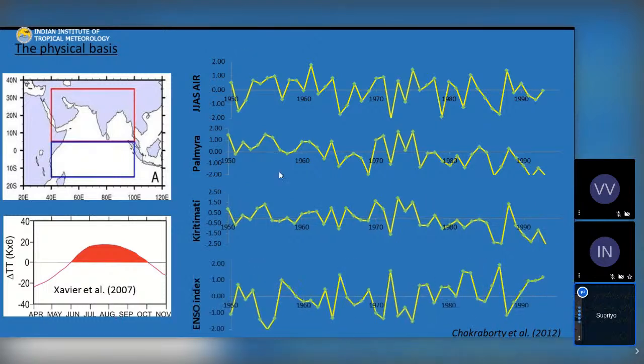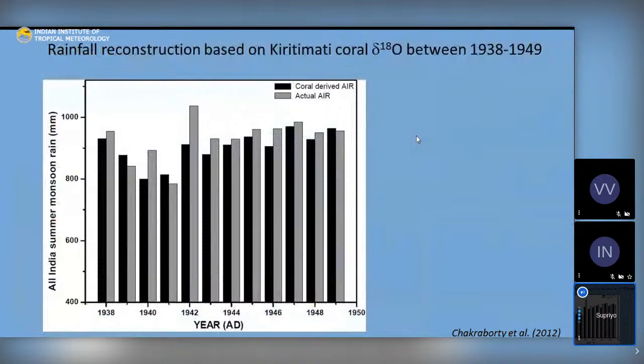For example, this plot shows the delta 18O of corals. These two coral records obtained from the equatorial Pacific region showed strong association with the summer monsoon rainfall over India. So using this concept, it has been possible to reconstruct the monsoon rainfall, and the comparison has been shown in this plot.